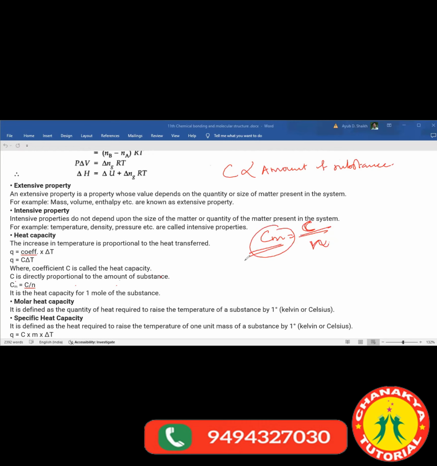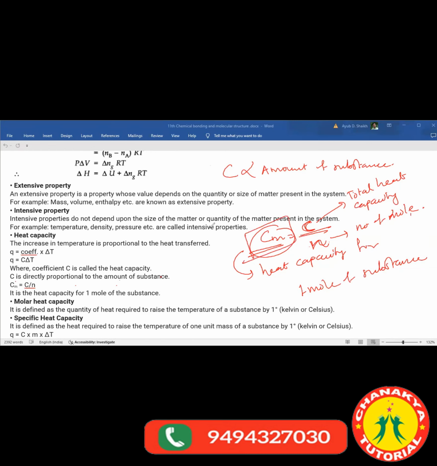Cm is the heat capacity for 1 mole of substance, where C is the total heat capacity and N is the number of moles of that particular substance. Understood?